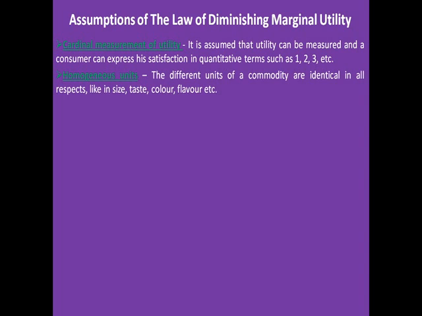If the first time you take rasagulla, and the second time you consume, suppose, samosa, then your utility from samosa may increase. So your units of consumption should be identical, or homogeneous, so that this law can be operative. The different units of a commodity that the consumer is consuming should be identical in every respect.